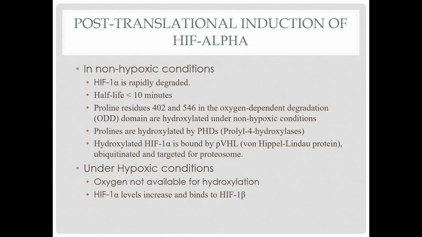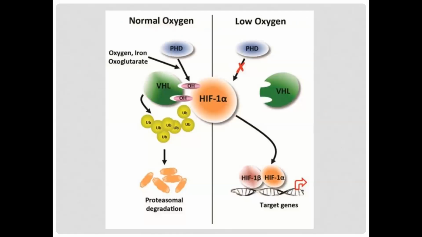Under hypoxic conditions, there's no oxygen for the prolyl 4-hydroxylases to do their job. Now, HIF-1 alpha levels increase, they then form a heterodimer with HIF-1 beta, and now they go and activate their target genes. And this picture illustrates the oxygen regulation of HIF-1, HIF-1 alpha at least.